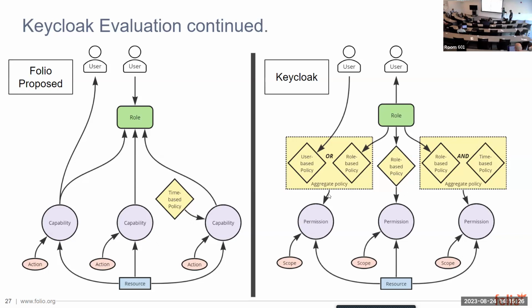And you can see that Keycloak supports both and or they use different terminology, like unanimous or consensus. And it does support the ability to assign capabilities or permissions directly to the user. That would be done via a user-based policy. So it does seem to map fairly well. It's not a direct one-to-one in all cases, but it seems like it's doable.